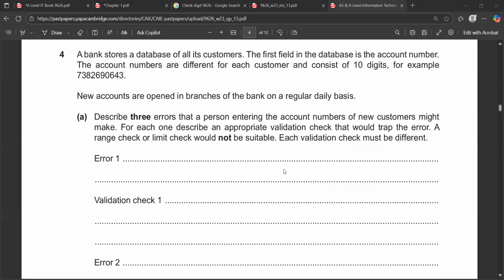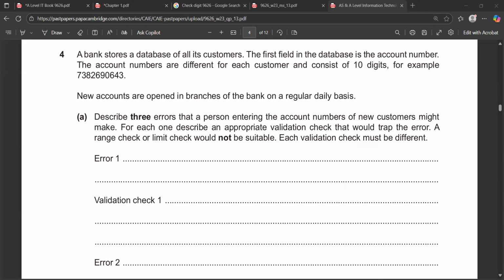One error can be, like, a range check, for example, the digits can be more than 10. So, like, a length check basically. And for the second error, it can be the character check, like only numbers should be there, not letters, so character check.